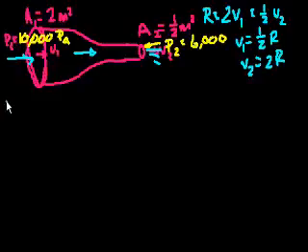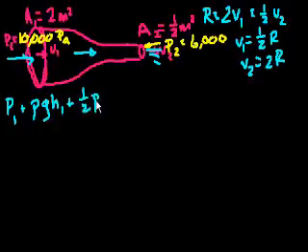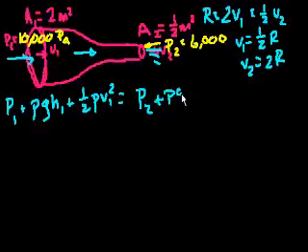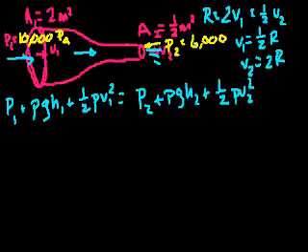Bernoulli's equation, let's just write it down: P1 plus rho g h1 plus 1/2 rho V1 squared is equal to P2 plus rho g h2 plus 1/2 rho V2 squared.